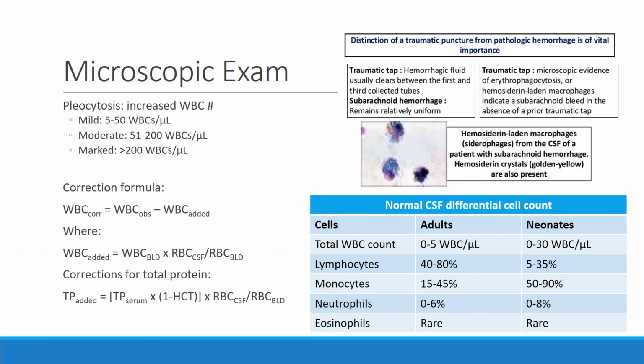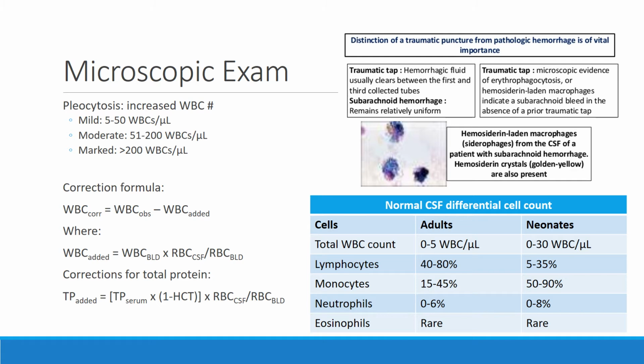So you have to do that macroscopic exam, but then what's our next job? We're in microscopy, so we have to do a microscopic exam. Remember what I said: the most important test when they collect a CSF really is the cell count.